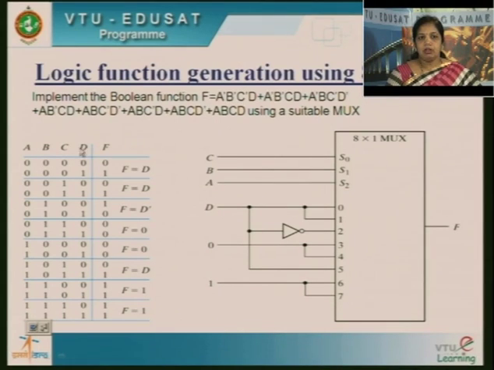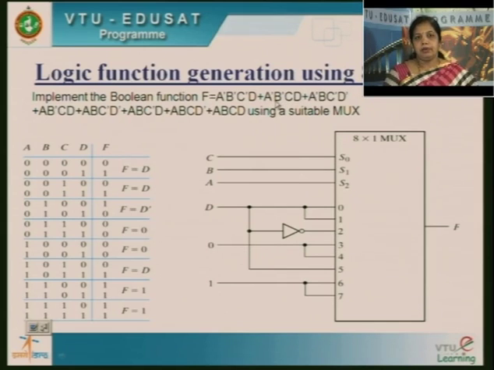So I have taken all 16 combinations, since we have 4 variables. So you can just see here A complement, B complement, C complement and D. For that I am going to write logic 1. Wherever I am using these terms, I will be writing logic 1.